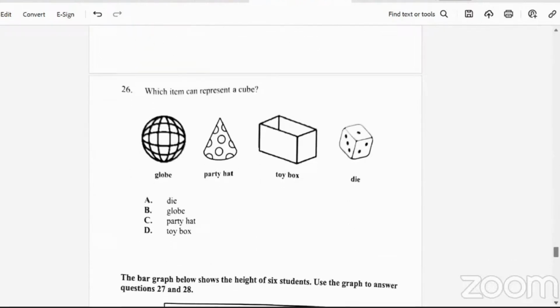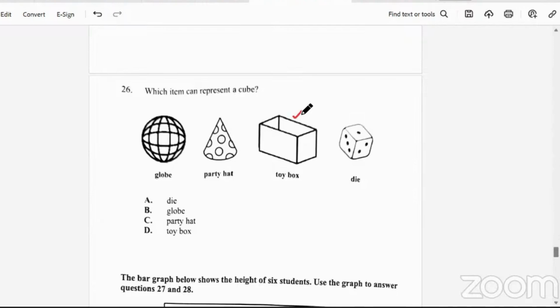All right, question 26. Which item can represent a cube? So what's a cube? The cube would have all the faces being squares. That's the difference between what would be considered a cube and a cuboid, okay? With the cuboid, like this one, you might be tempted to think this one is a cube.